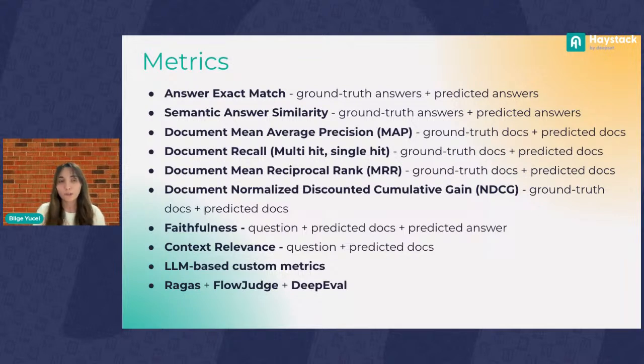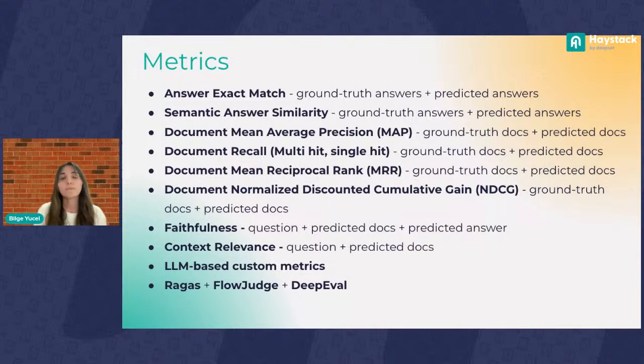And of course, you can also come up with your own metric using LLM-based custom metrics. You can maybe check the retrieved documents and instruct your LLM to detect if these retrieved documents are child safe, for example. Or basically anything that you can instruct your LLM with is fine for LLM-based custom metrics.